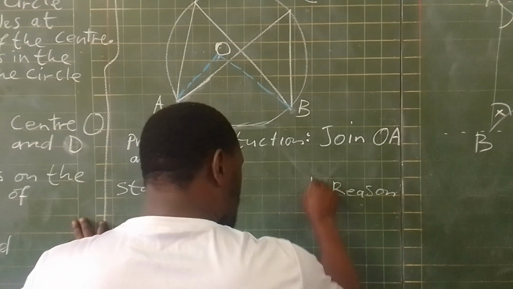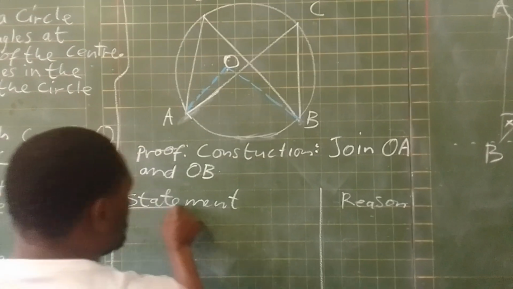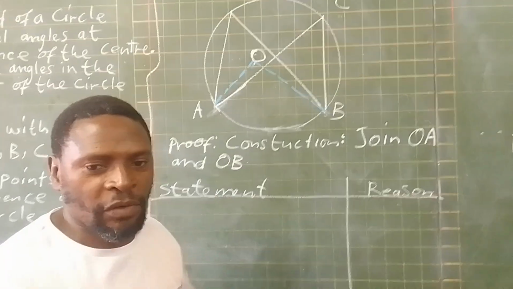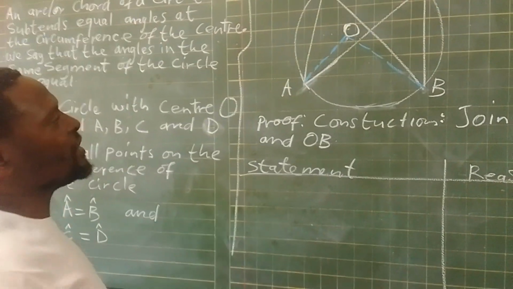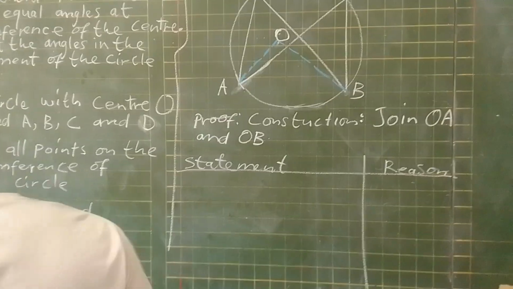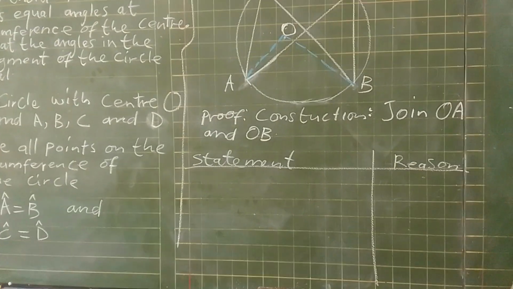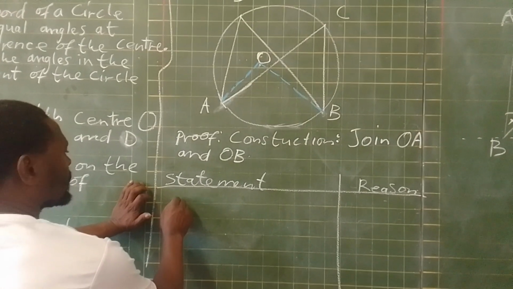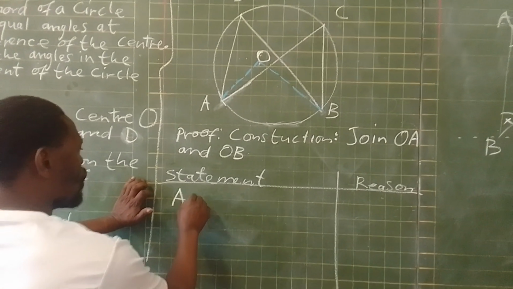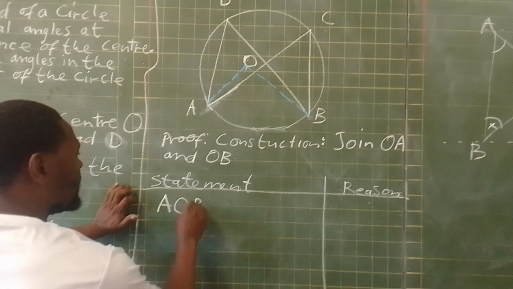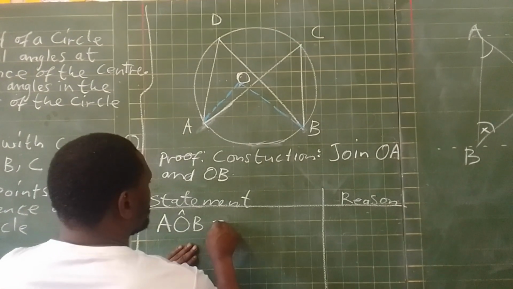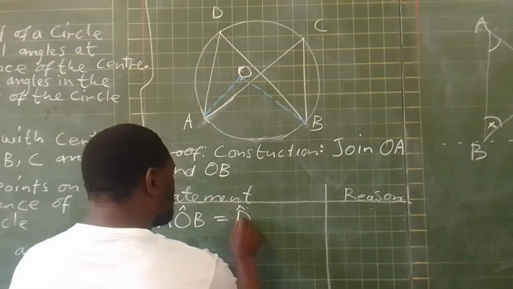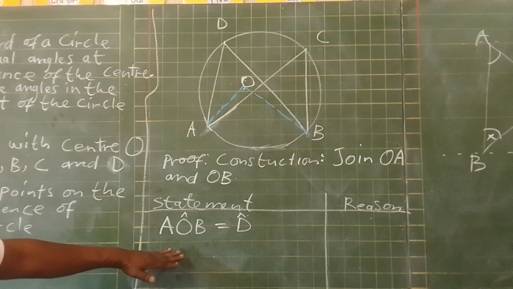I'm sure you are familiar now with geometry. Geometry needs you to have a format of a statement and a format of a reason. Right, let's start working. Let's say we have angle AOB is equal to twice angle D. What could be the reason for this statement?